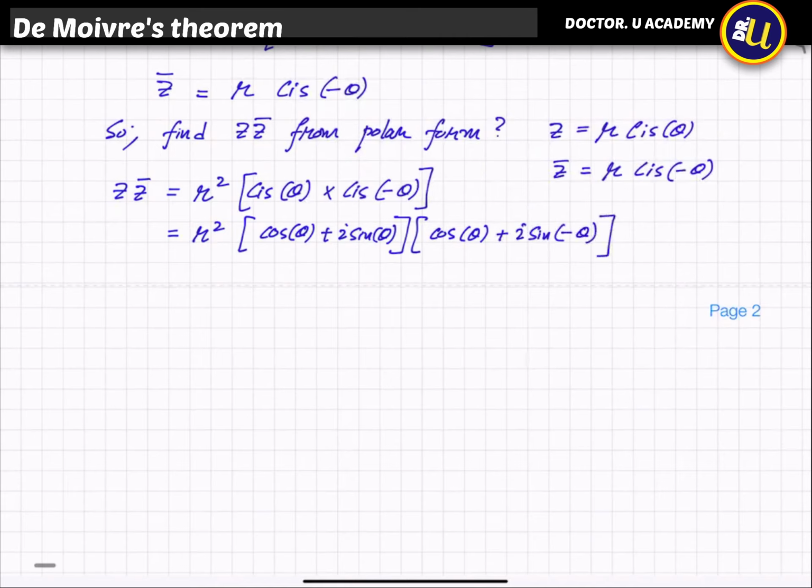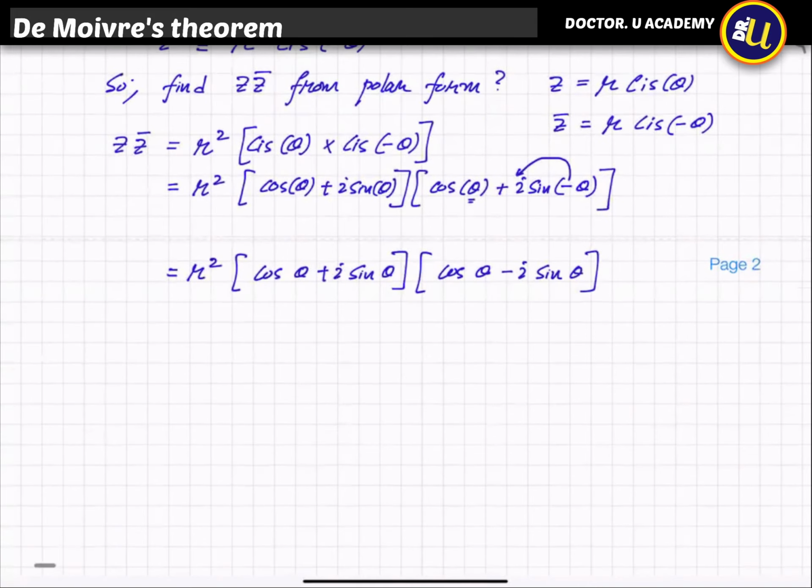So what I can do is absorb this minus here. So I can write r squared (cos theta plus i sin theta). Then here I get (cos theta minus i sin theta), because sin theta is an odd function, so we can take the minus outside. Cos theta is an even function, so that's why I didn't put a minus there.